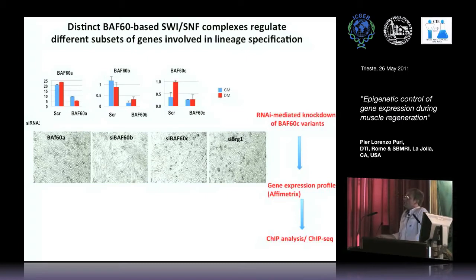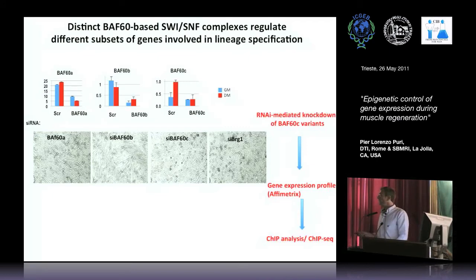But you can see already from here that the normal myotube formation is not disrupted by downregulating BAF60A and B, while it's clearly disrupted by the downregulation of BAF60C and BRG1. I will show you later on the gene expression profile.